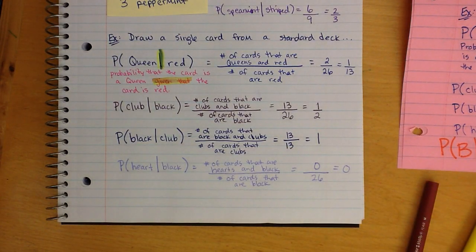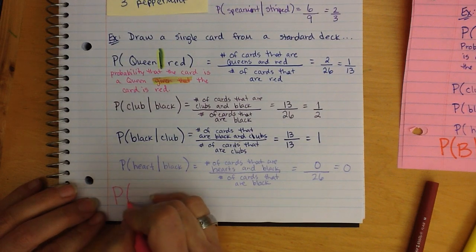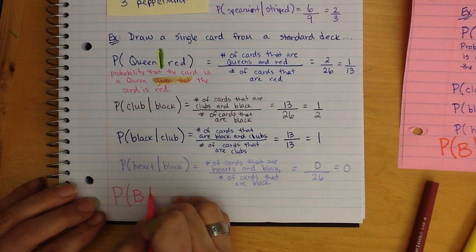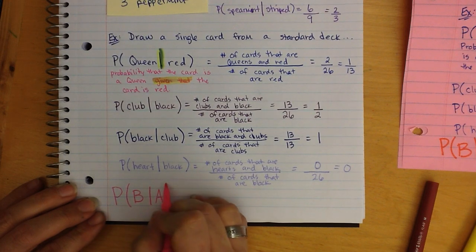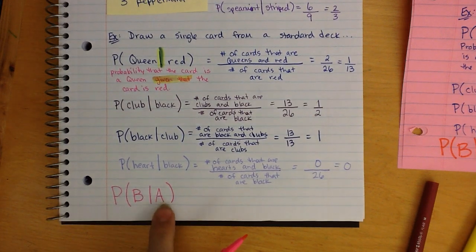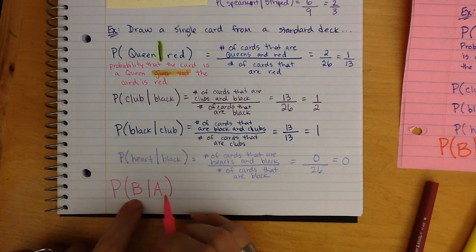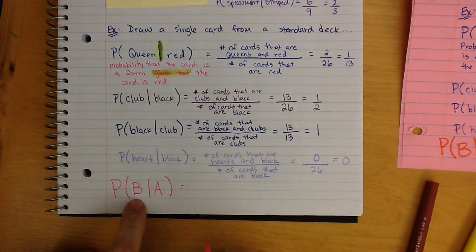So let's formally write out the formula for the given that statement. So it's the probability of some event B happening given that I already know some event A has happened. So event A is the first thing that we already know happened, and then I'm finding the probability that B happens after that.